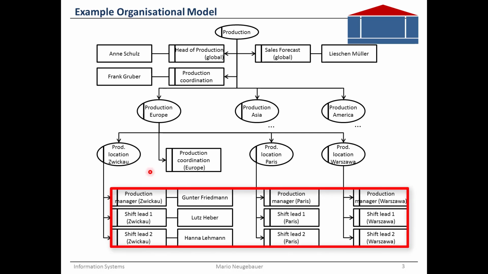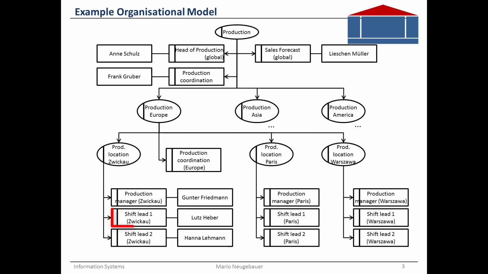And below each department, production location in Zwickau, Paris, or Warsaw, you have concrete production management related positions, like the production manager here in Zwickau, who oversees all the production issues located in Zwickau.